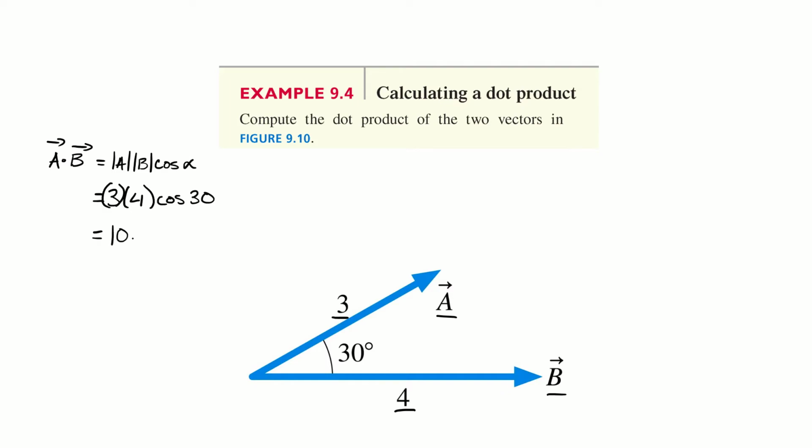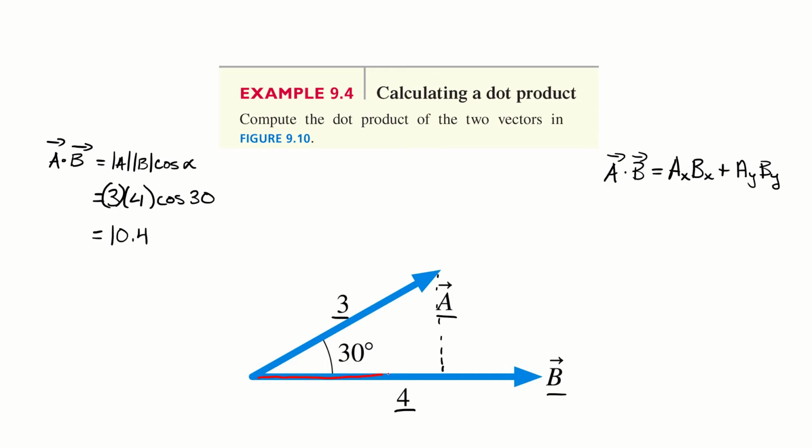So 10.4. If we look at the other way we could have calculated A dot B, the algebraic way where we're just multiplying components, we have to determine what AX and BX are, because again, we look at the x components multiplied together, plus the y components multiplied together. So the question is, what's AX?